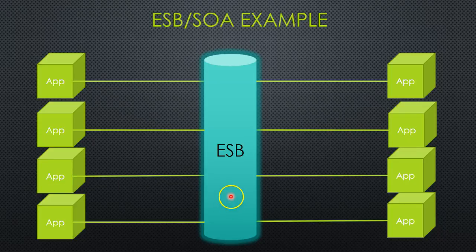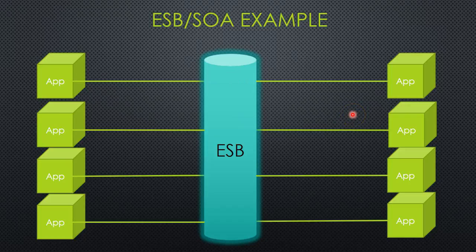So if I send a message requesting data from any one of these, it'll be the same canonical schema, the same standardized service contract, and the app or the adapter to that app knows where to get its data in the schema, where to put its data before it returns it back to the ESB.